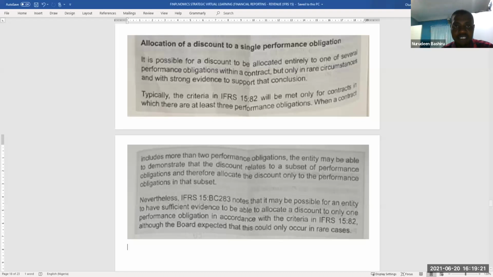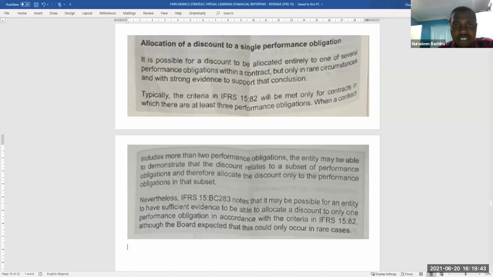Allocation of a discount to a single performance obligation. It is possible for a discount to be allocated entirely to one of several performance obligations within a contract, but only in rare circumstances and with strong evidence to support that conclusion.